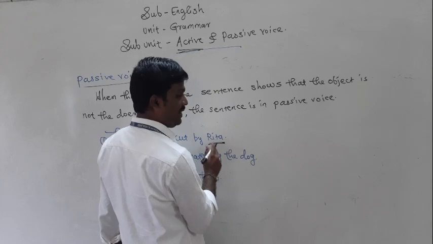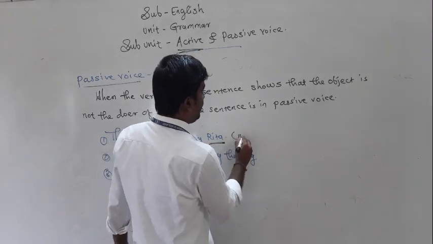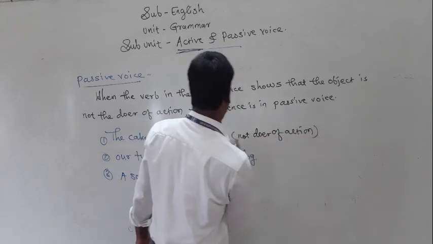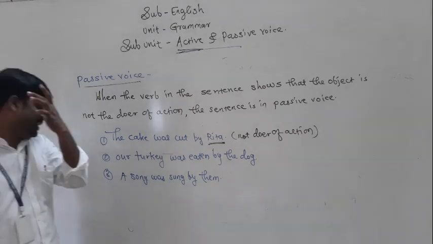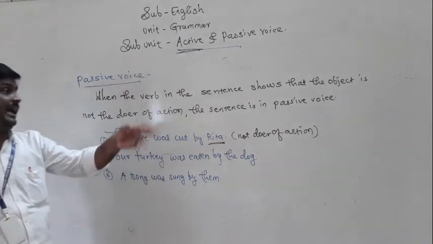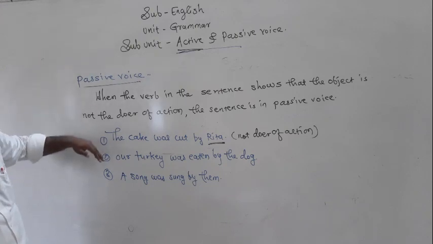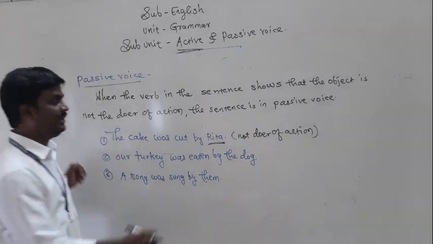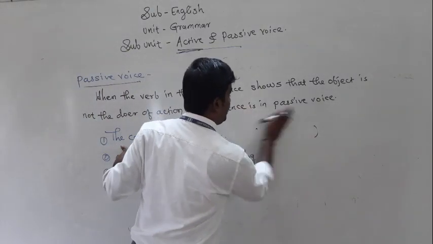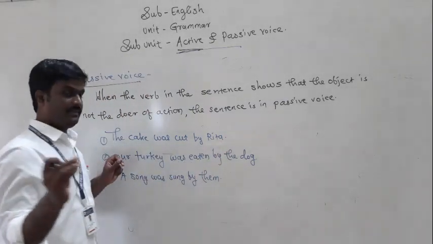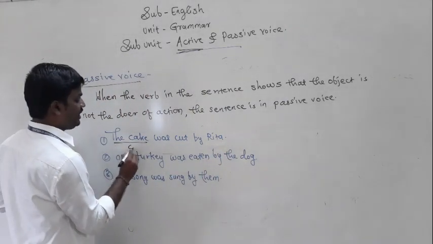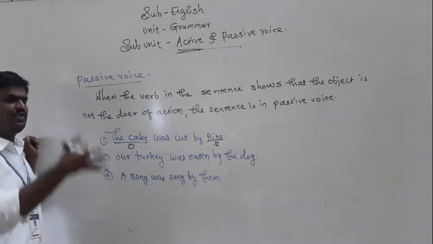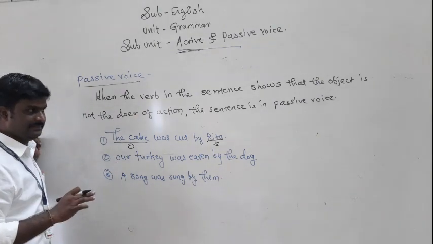It is working as an object here. When the object of the statement is not the doer of action, it is called passive voice. See here, the cake is an object here. We just have to change the places. Rita cuts the cake.